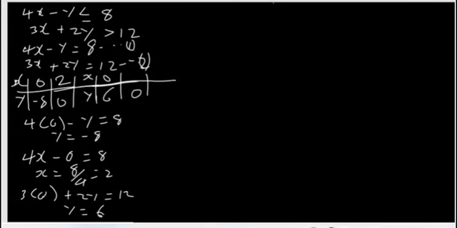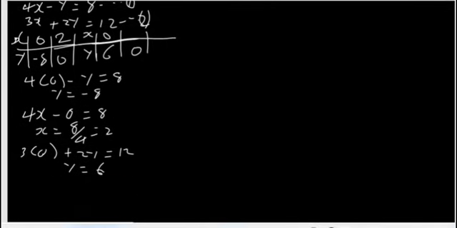And again, I can do when y is 0. I can find the value of x. This means that 3x plus 2 into 0 is equal to 12. So this one will become 0.